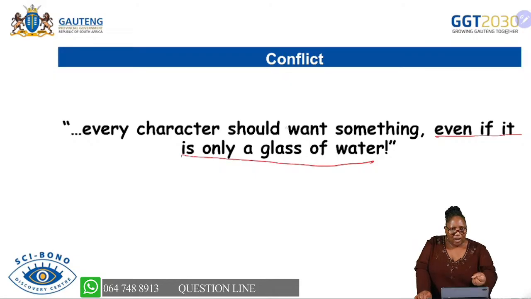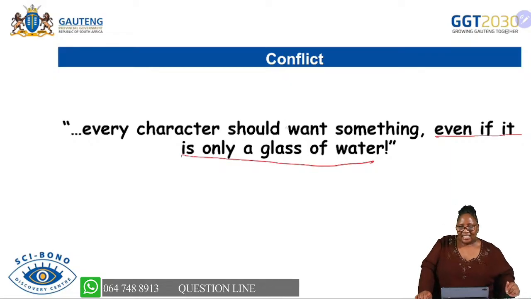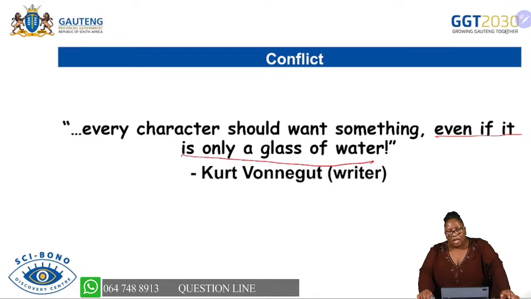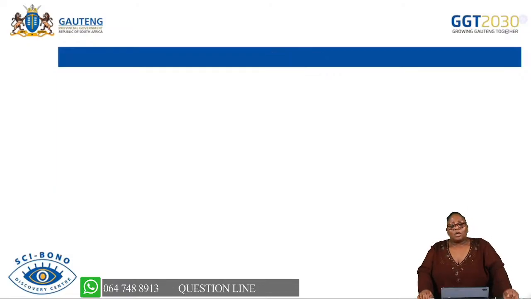Hunger, there was a conflict. And what did she do? She pretended as if she was fainting. And the story continued from there in Village People. So Kurt Vonnegut, who is the writer, describes it very well, that even if the problem was only a glass of water, that can bring about conflict.